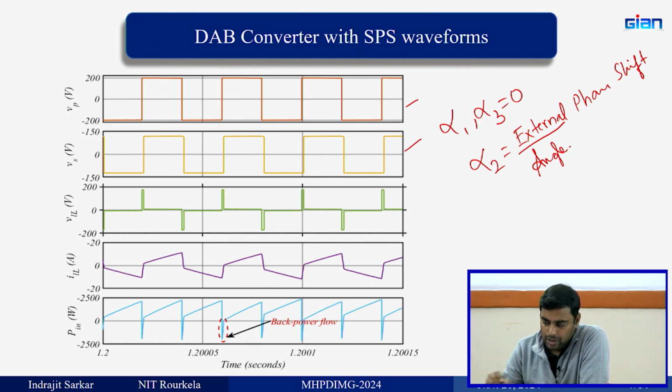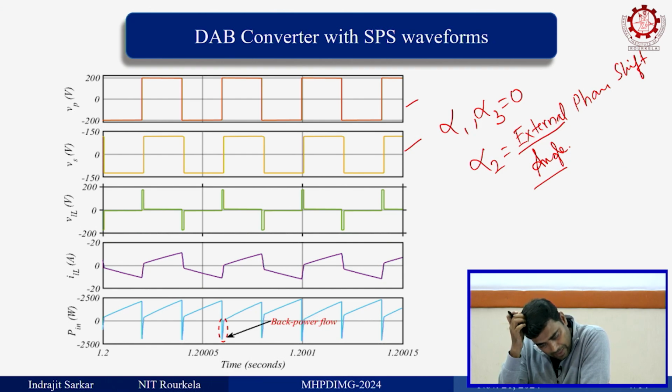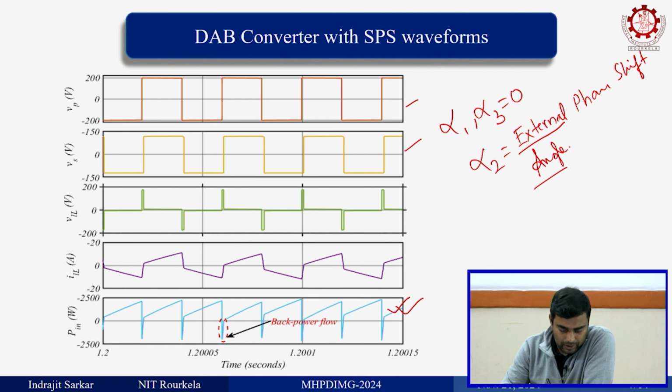You run it for different values of alpha 2, the external phase shift angle, and see how much the power flow is. This is the power flow waveform that you will get in SPS. These things you have to observe.